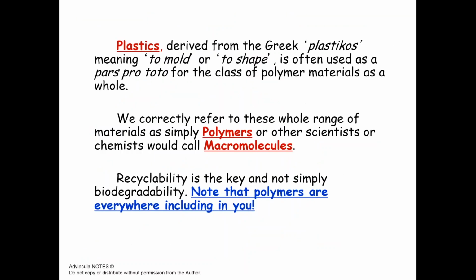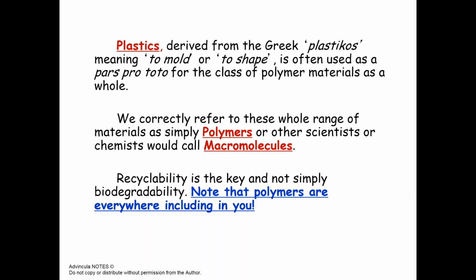Well, let's try to define some terms. Appropriately, the more popular word is plastic. Plastic comes from the Greek word plastikos, or to be able to mold or shape. What we are actually referring to are large molecules called polymers, or sometimes called macromolecules, that behave differently from small molecules.